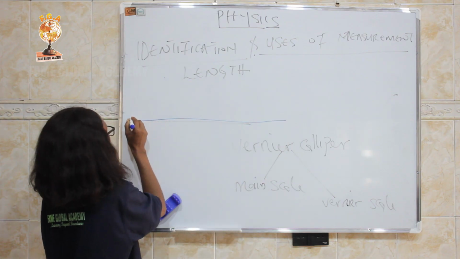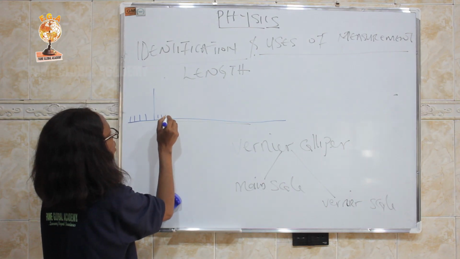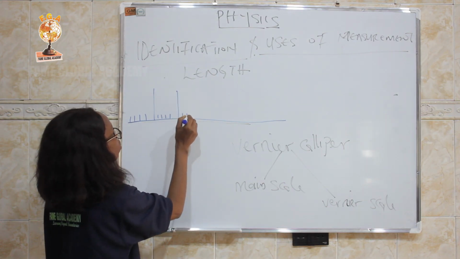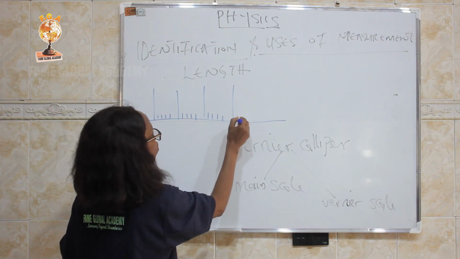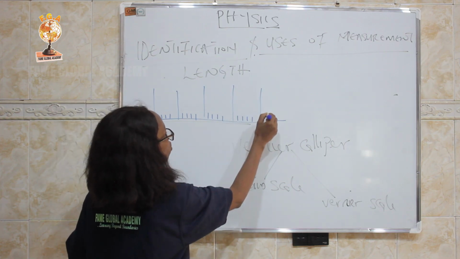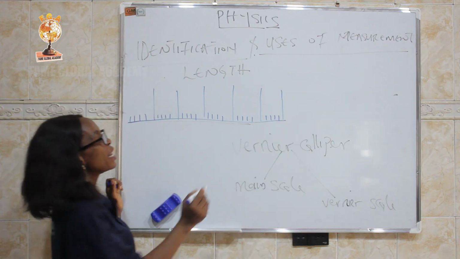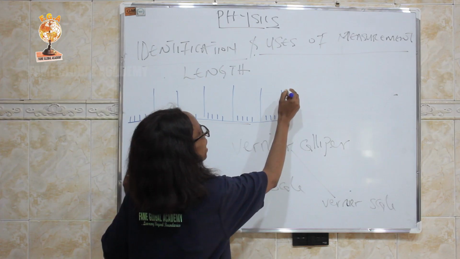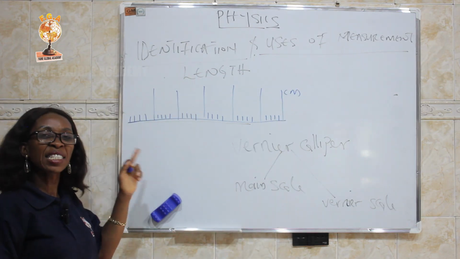It has 1, 2, 3, 4, 5, repeated along the scale. Now the main scale is in centimeters.